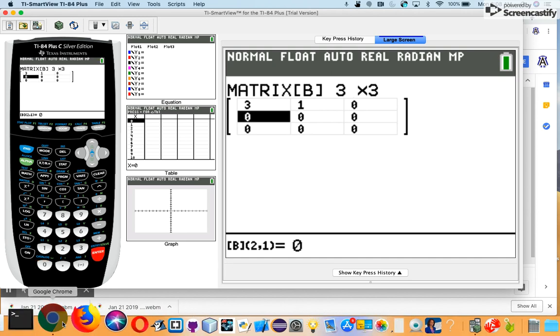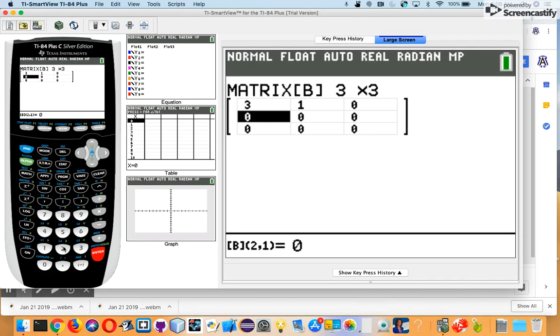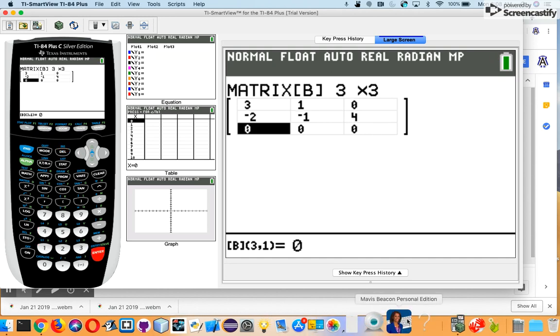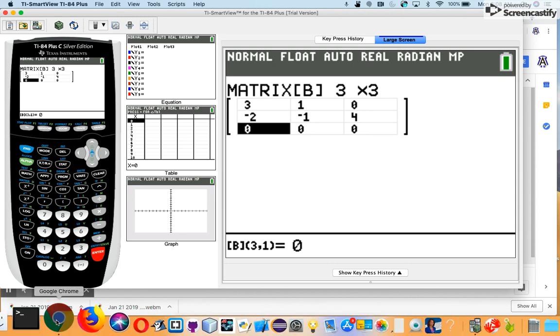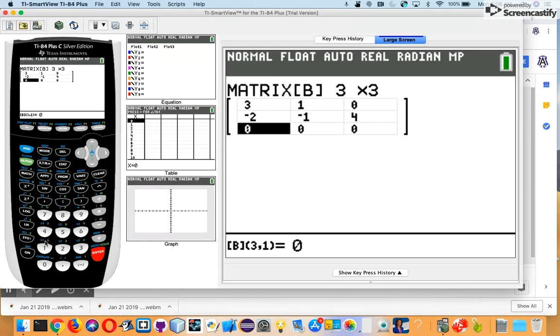And then the next row is -2 -1 4. -2, make sure you hit the negative, not the minus. -1, 4. And then our last row is 1 2 5. So 1, enter, 2, enter, 5, enter.